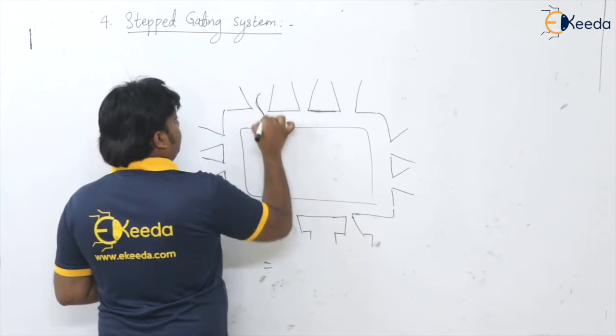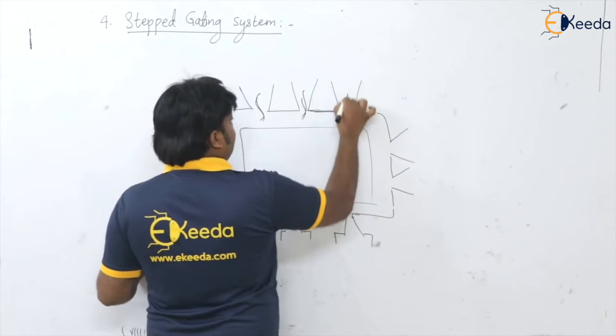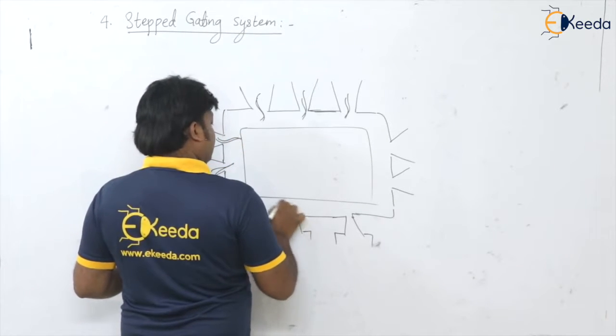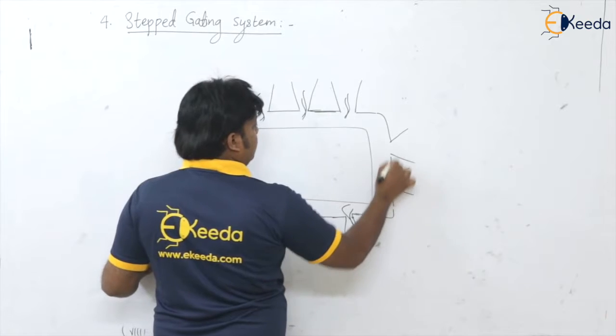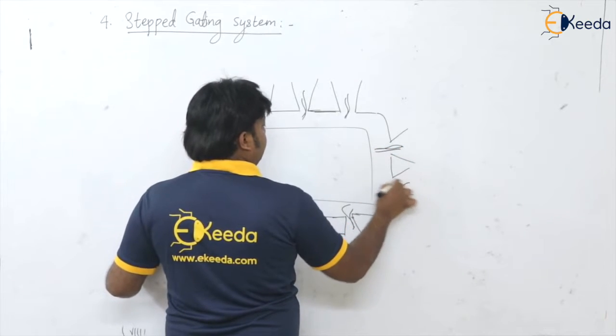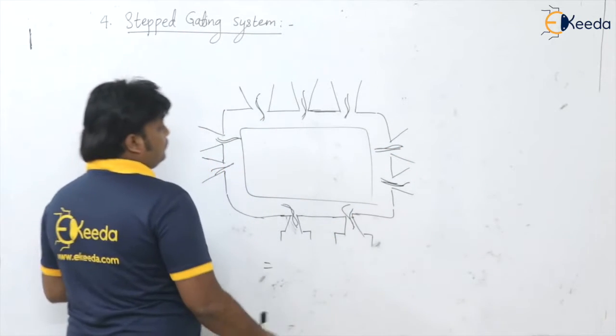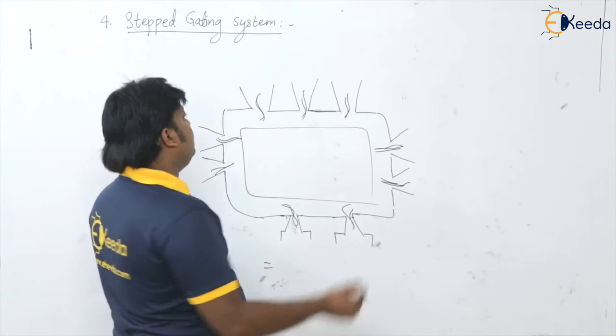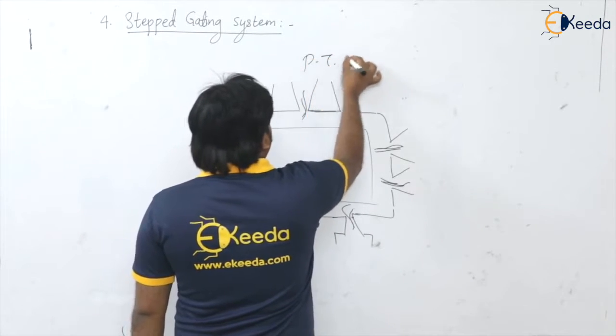So from every gate, molten metal is getting poured or coming into this mold cavity. Okay, so this is actually the stepped gating system.